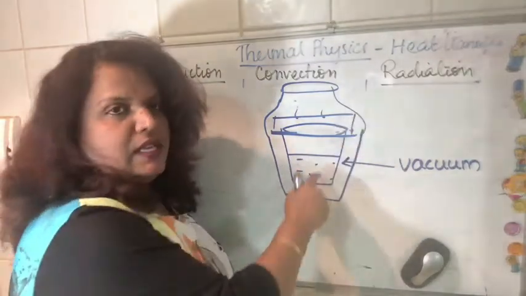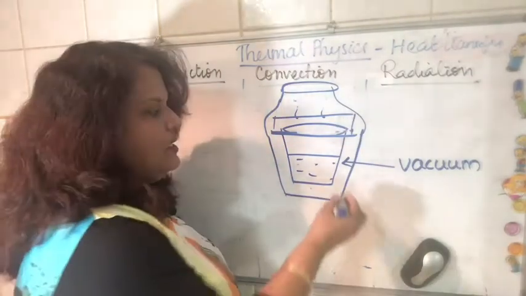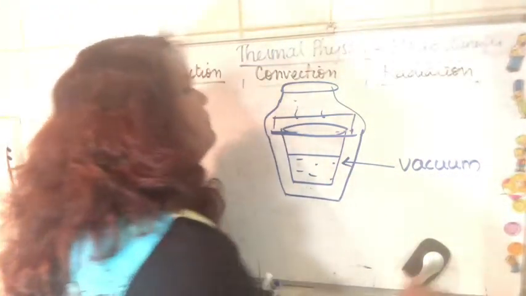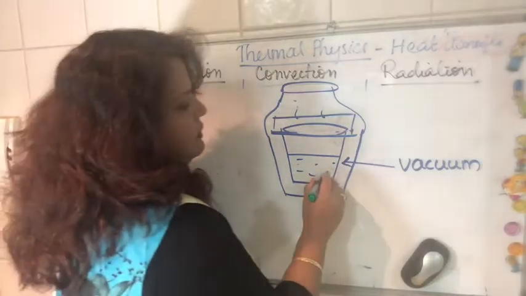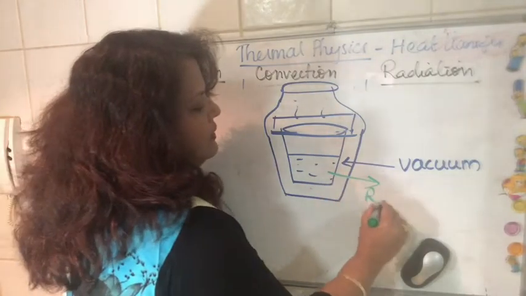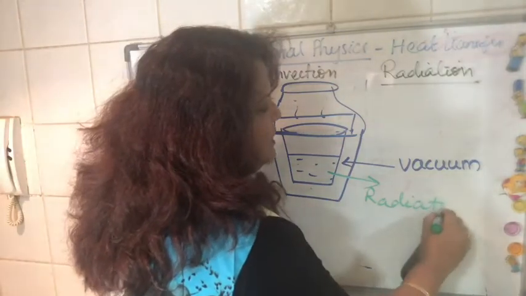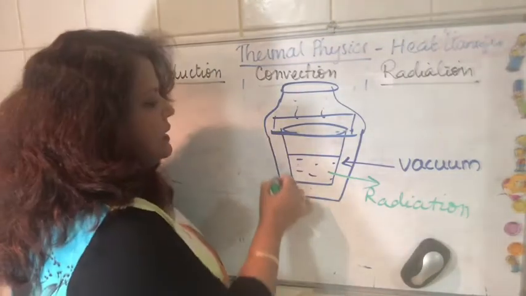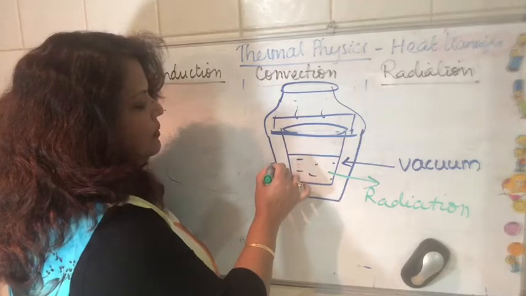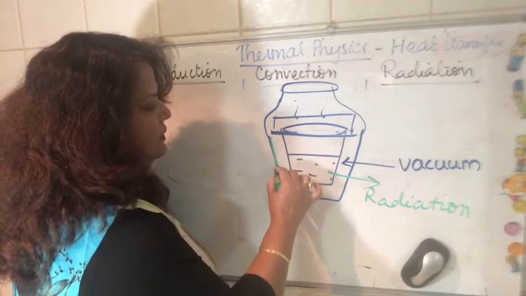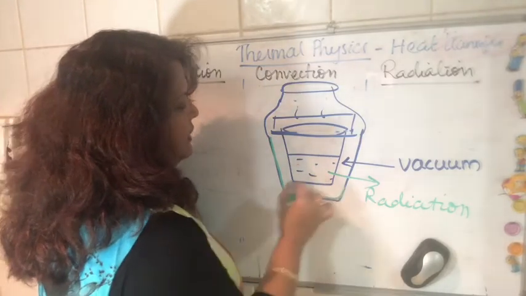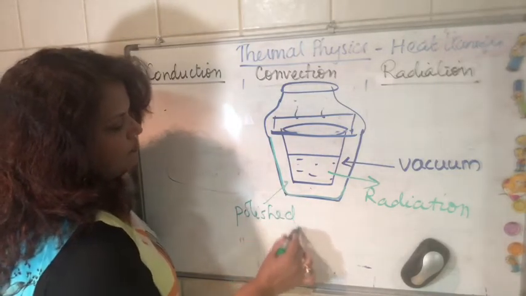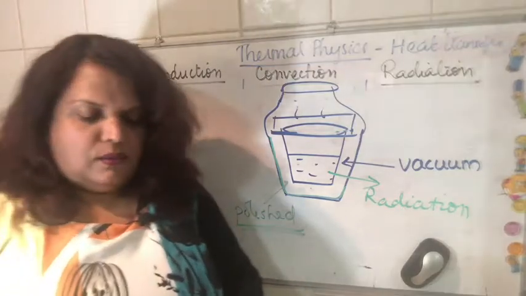But do we prevent radiation? No, radiation can still pass through. Now how do we prevent radiation? Radiation can leave the flask, but this is also reduced by another mechanism. Inside of this double insulation, you have a polished silver surface. It is polished. So what is the difference?